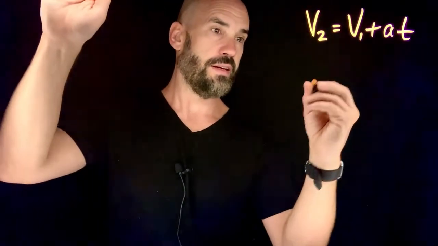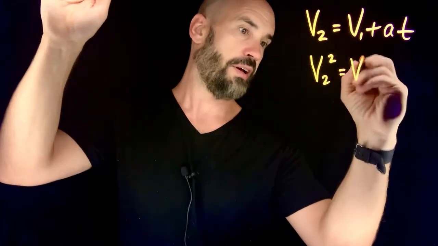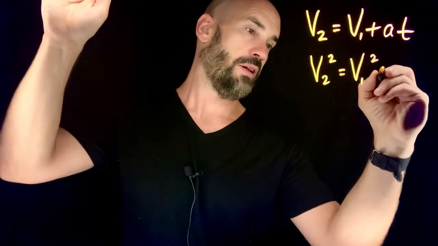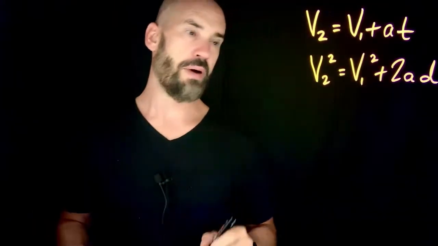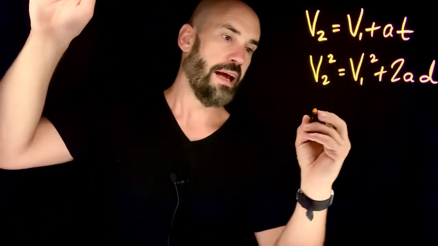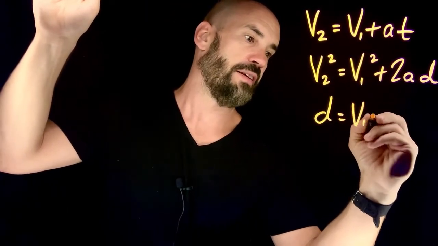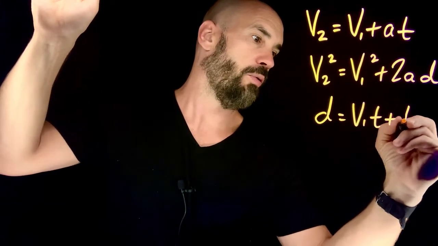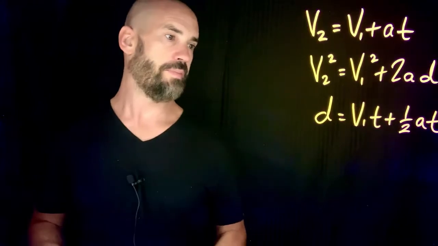Second is V2 squared, final velocity squared, equals V1 squared, initial velocity squared, plus 2 times the acceleration times the distance traveled by the object, okay? And lastly, distance equals the initial velocity times time plus 1/2 AT squared, okay?